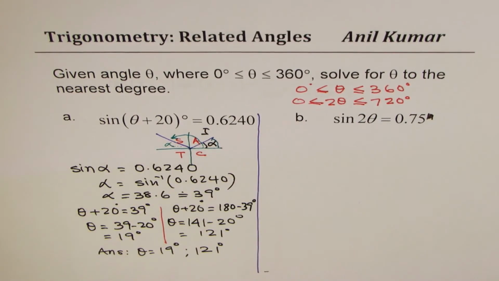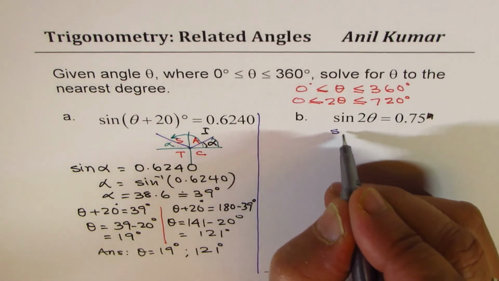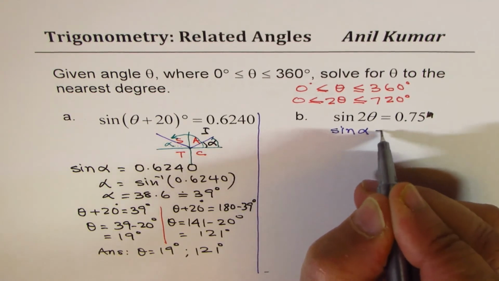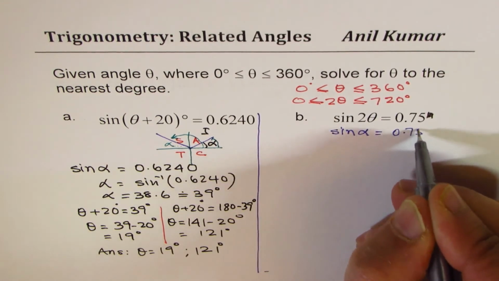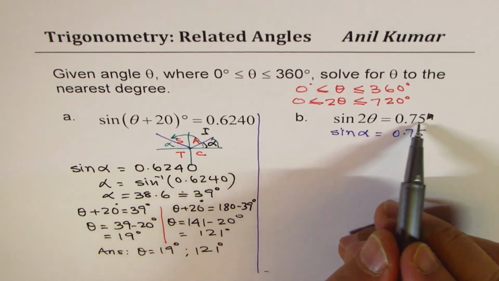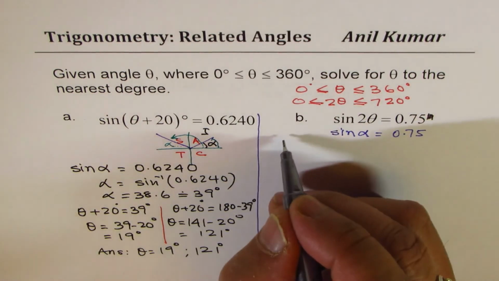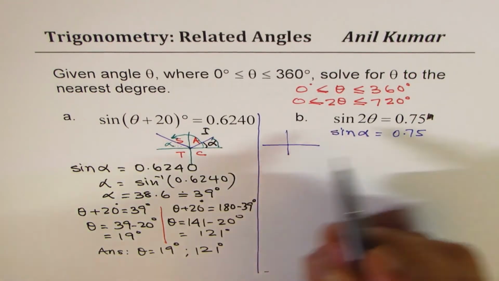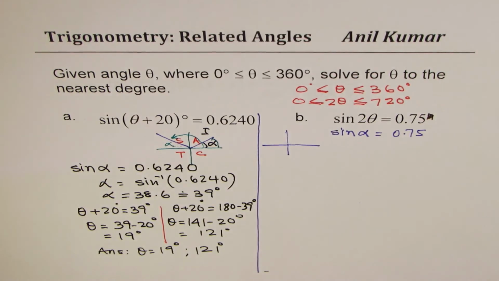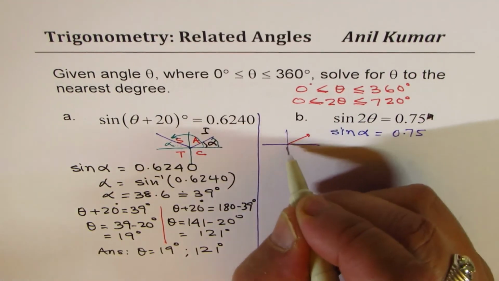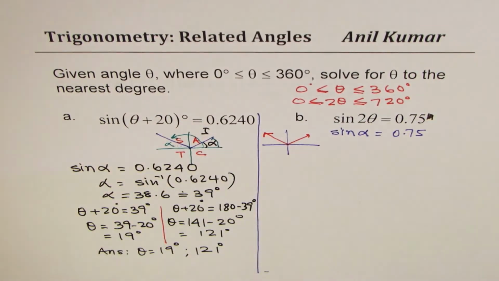We'll treat this question first as, let's say, sine alpha equals 0.75. Knowing fully well we are looking for a positive value, that means we are looking for two solutions, one in quadrant 1, the other one in quadrant 2. Perfect.